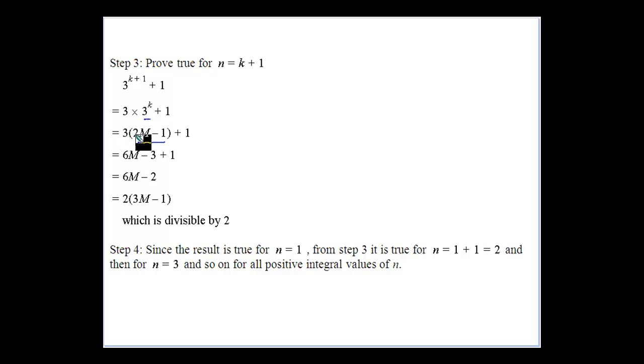So we expand this out and get 6m minus 3 plus 1, and then 6m minus 2 gives us a factorization of 2 outside of 3m minus 1, which means that because we've got 2 times some number here, and m's an integer, that whole statement now is divisible by 2. And that's our aim, to be able to factorize the 2 out, or the number that we're trying to divide by, out.